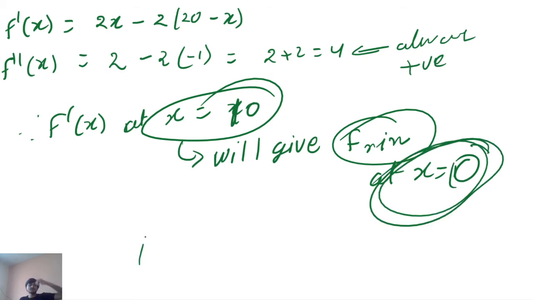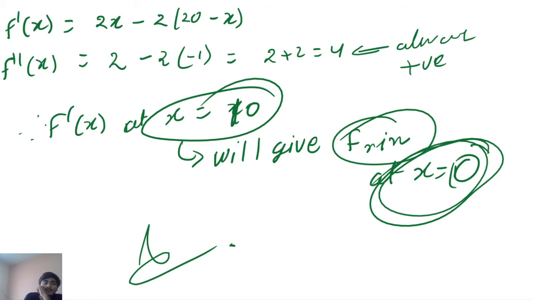Okay, so this is your answer. Hope all of you understood it. If anyone of you has any doubt, yes, it is always positive, so the value of f of x will always be minimum. Whatever value we get at x equal to 10, that will be the minimum value.